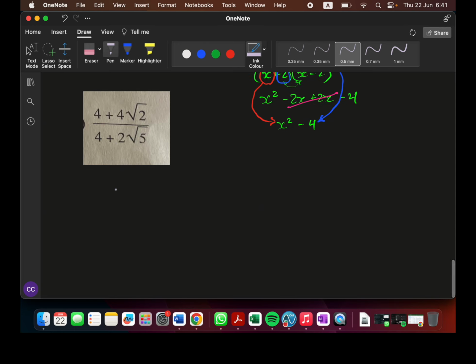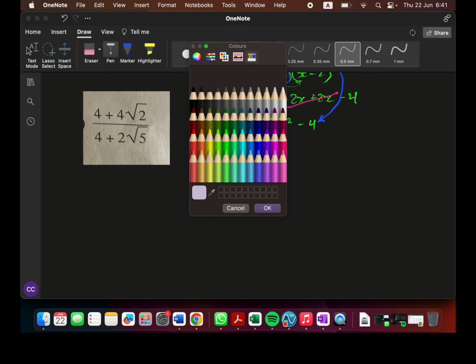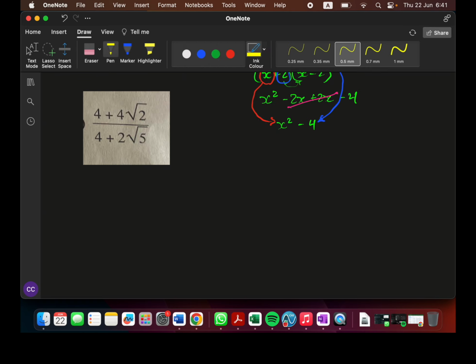So I tend to like to work this by multiplying the top and bottom by 4 plus 2 square roots of 5. Oh, I already made a mistake. 4 minus 2 square roots of 5.